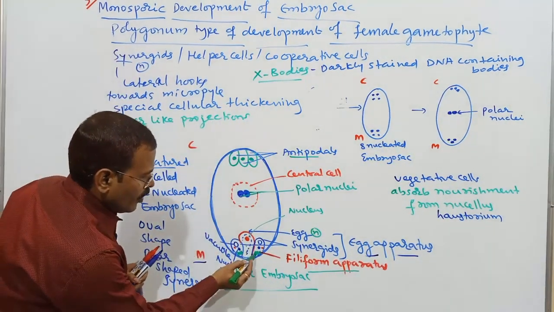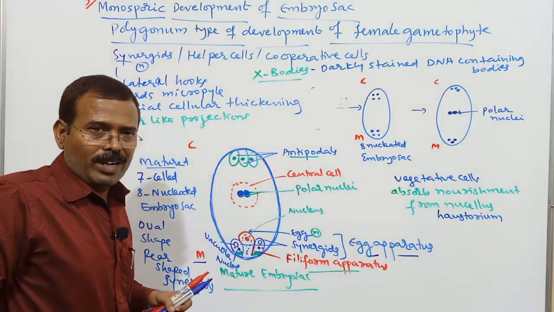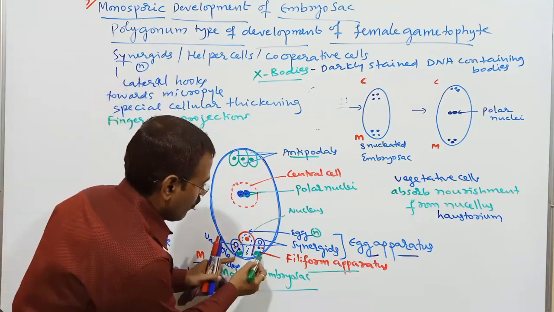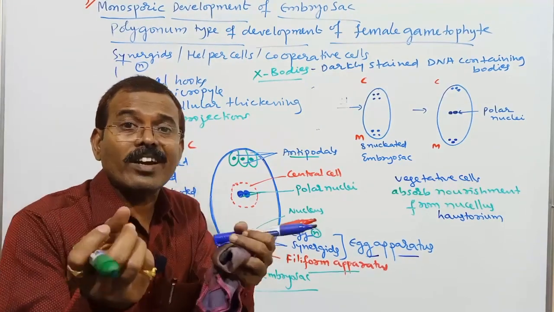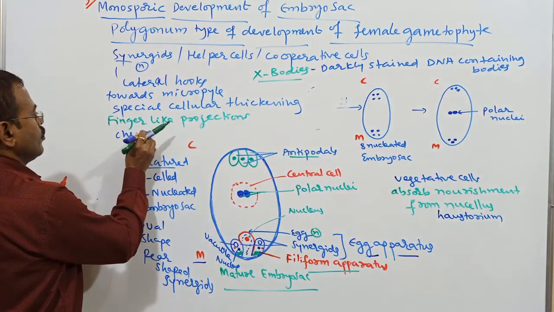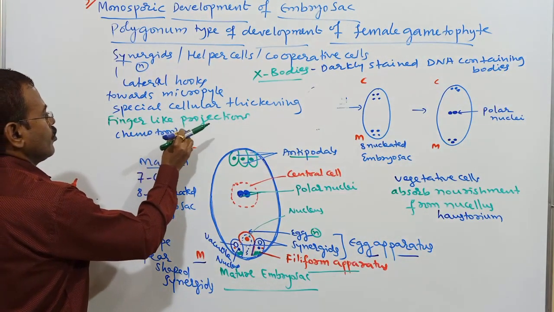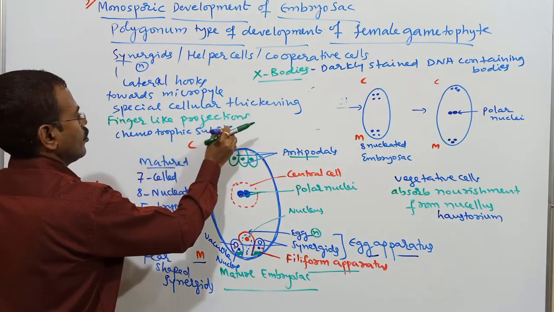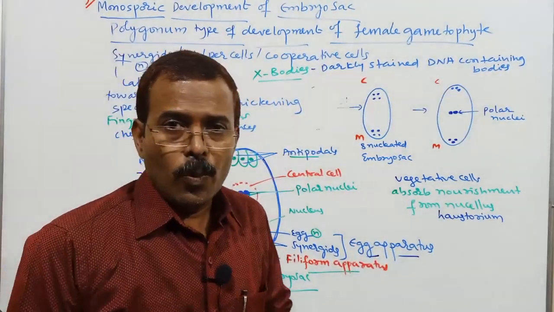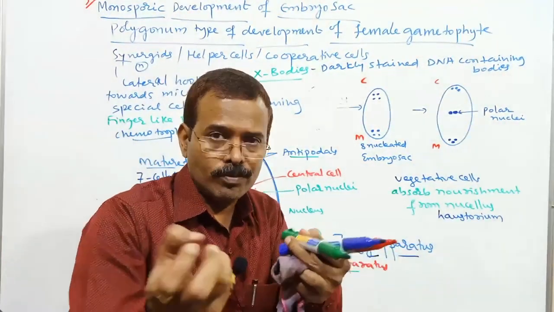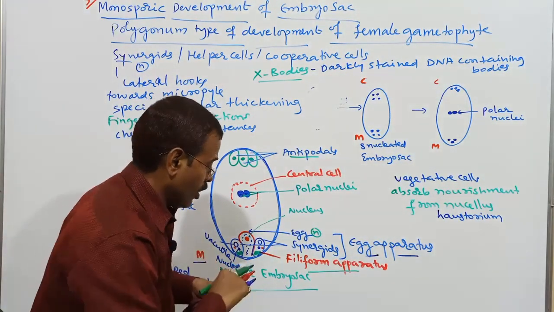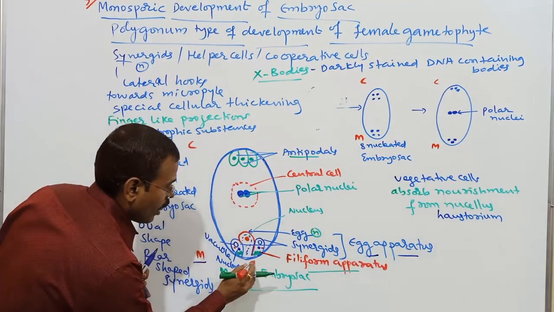Now, the function of the filiform apparatus. The filiform apparatus secretes certain chemotropic substances. Synergids, with the help of the filiform apparatus, secrete chemotropic substances, chemicals which attract the pollen tube and guide the pollen tube's entry into the embryo sac.